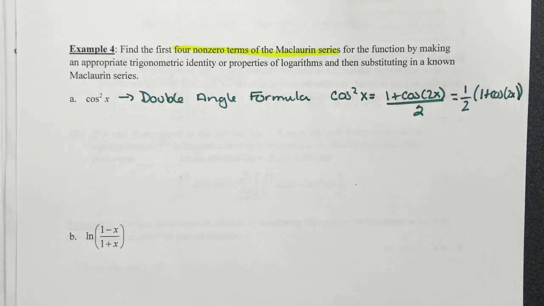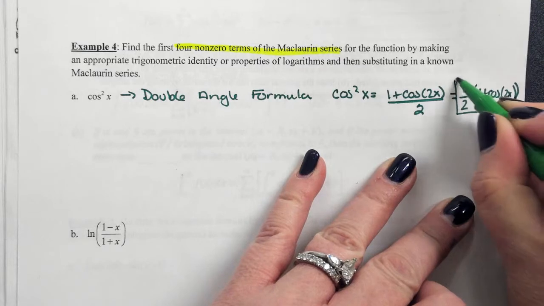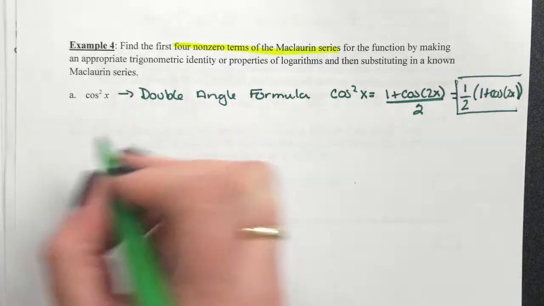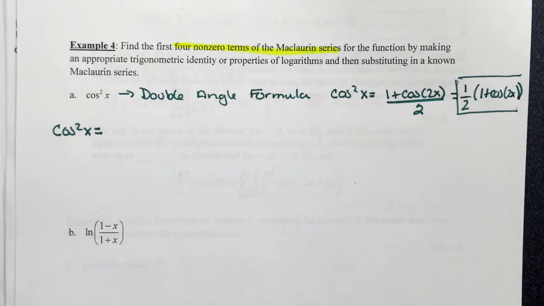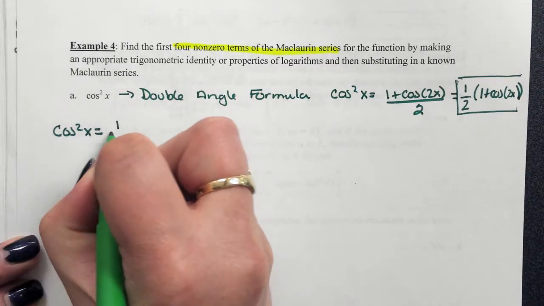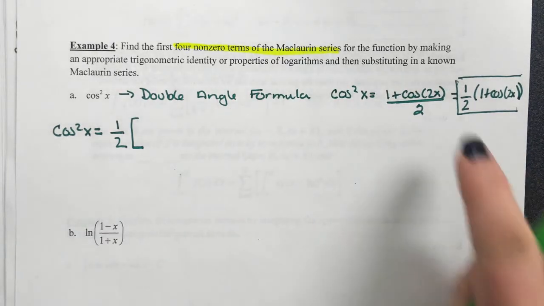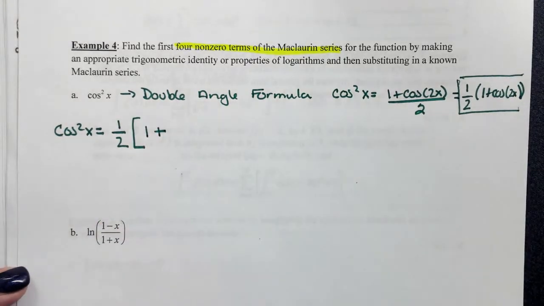Okay? So now I'm going to use this double angle formula to create my Maclaurin series for cosine squared x. So cosine squared x, remember I'm only generating out to the first four terms, is going to be the 1/2 times, I'm going to open up a big set of brackets because everything's going to be multiplied by 1/2. 1 plus.